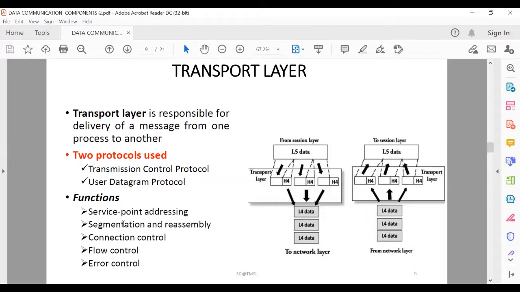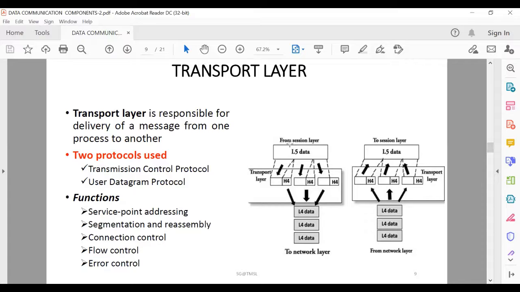Next is the segmentation and reassembly. When the transport layer receives the message from the upper layer, which is the session layer, because next to the transport layer it has the session layer, it divides the message into multiple segments, and each segment is assigned a sequence number that uniquely identifies each segment.